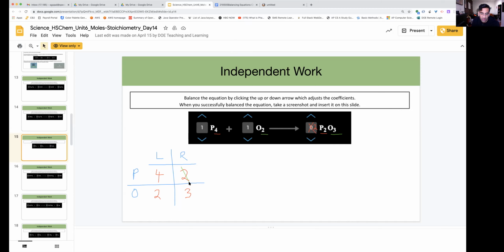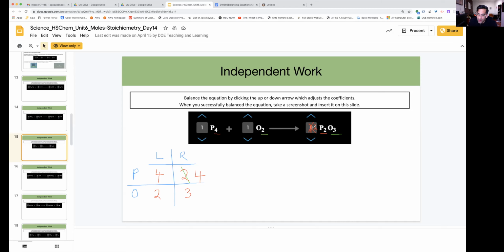For one, this is going to change to a 4, and now I have balanced amounts of phosphorus. I'll note one other thing. That shouldn't have been a 0 in front, that should have been a 1 to start. Over here, that would have been a 1 initially. I'm never going to start with 0 moles of anything in chemical equations.